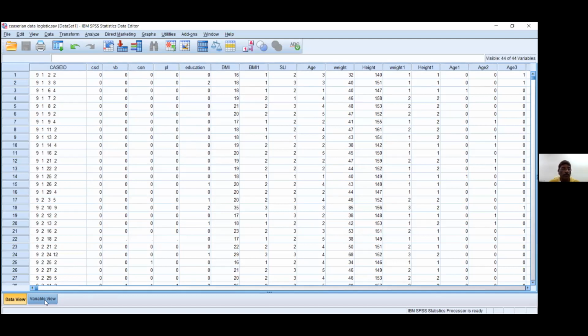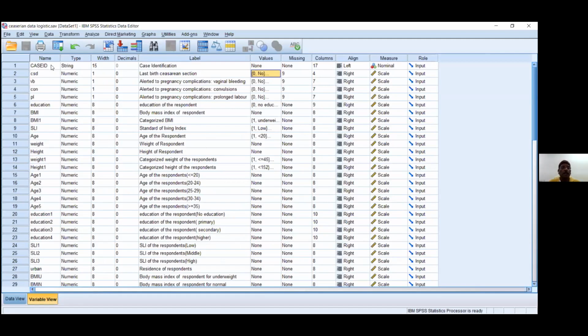Visible. Okay. This file I have prepared. Actually, I have written a paper, and this paper is published, and this file uses NFHS3 data. In this analysis, I would like to know the effect of various predictors on cesarean delivery, the birth by cesarean delivery.